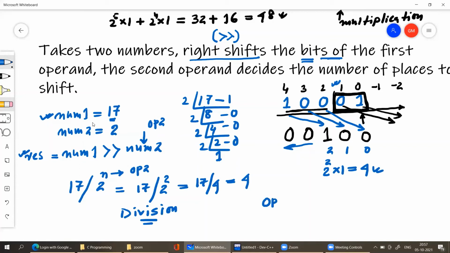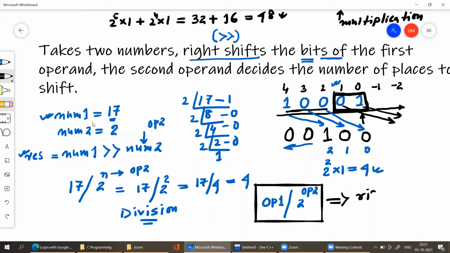Operand 1 will be divided by 2 to the power operand 2. This is the shortcut method we can remember, which will give us the result for right shift. I hope you understand this.